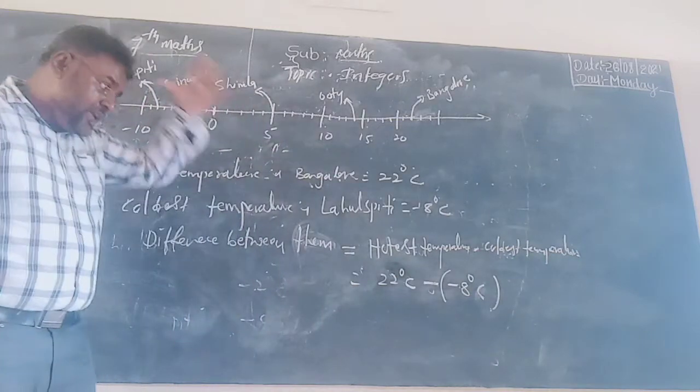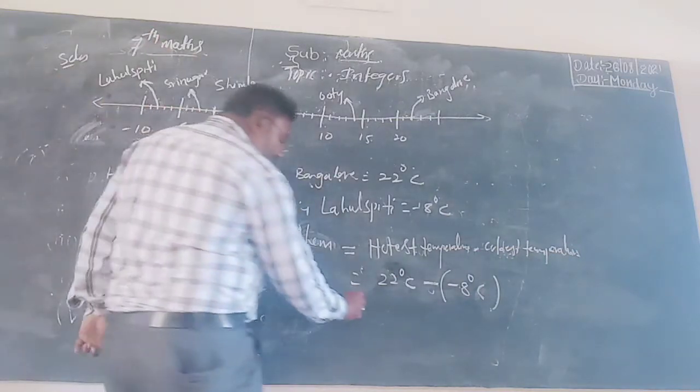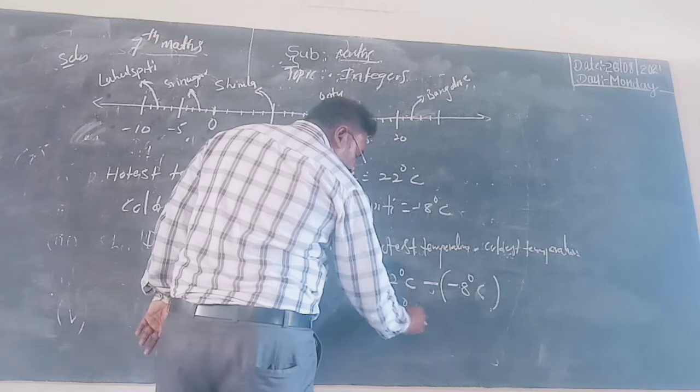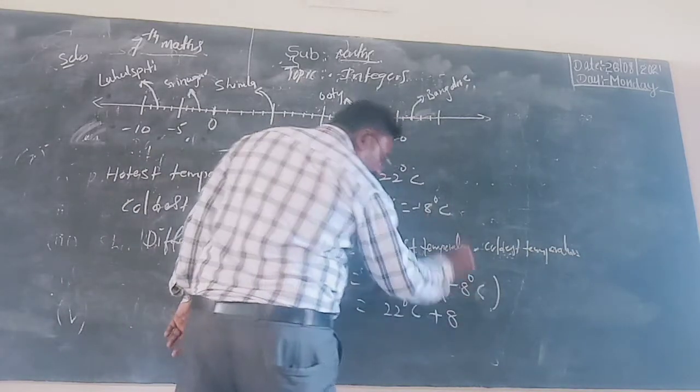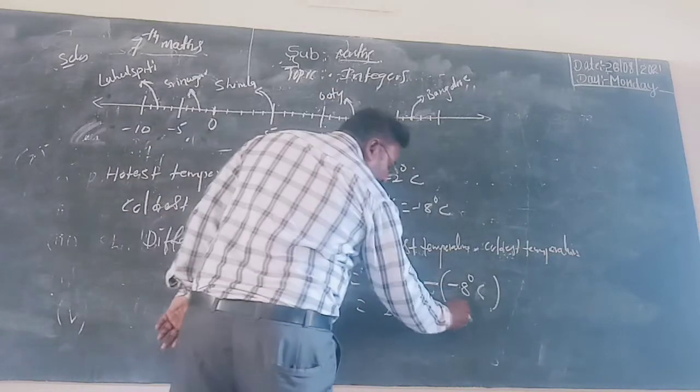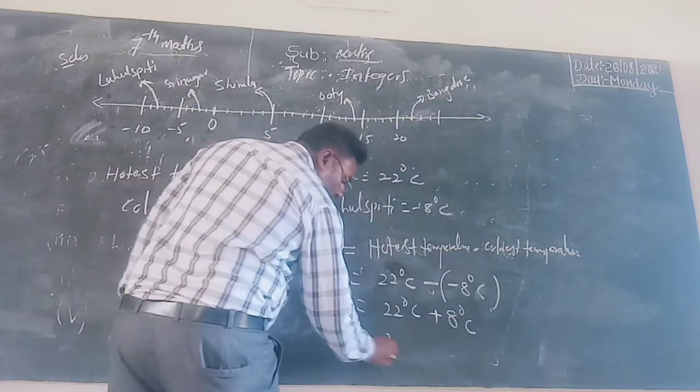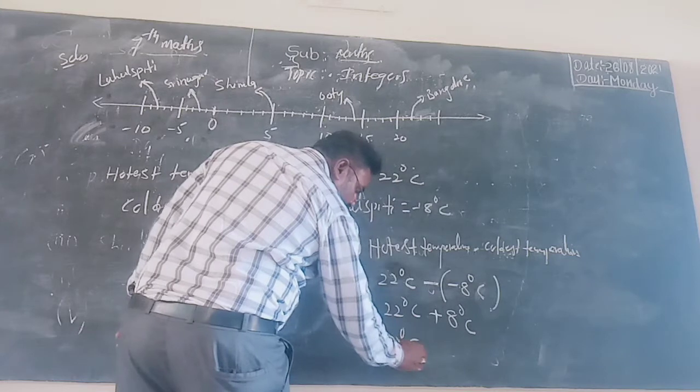Difference means subtraction: 22 minus minus 8 is 22 plus 8, which is 30 degrees centigrade.